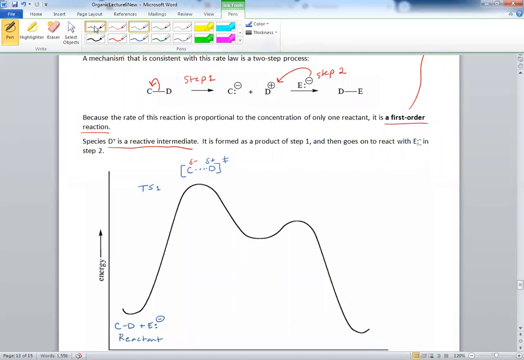Okay, where's the EA, the activation energy for this first step? Correct, it's right here. Let's actually use a different color.